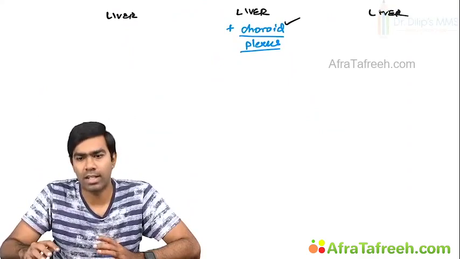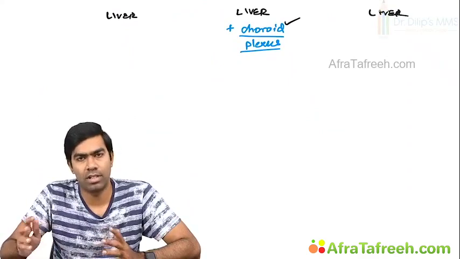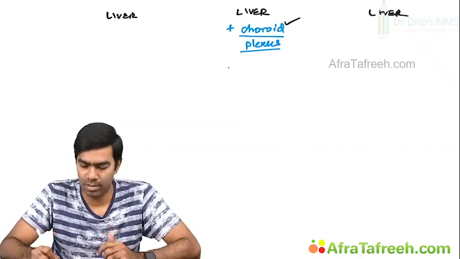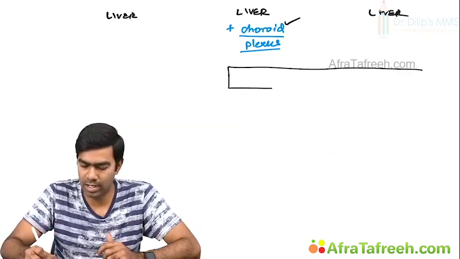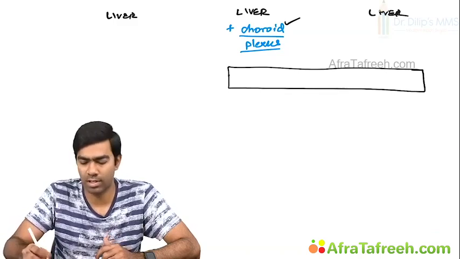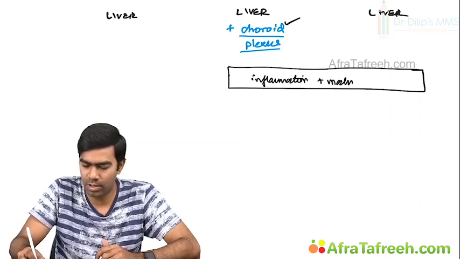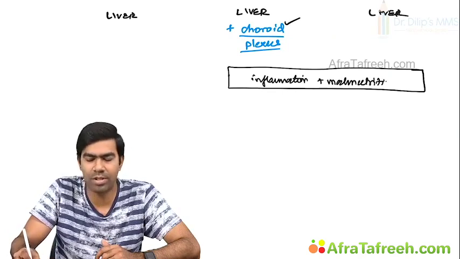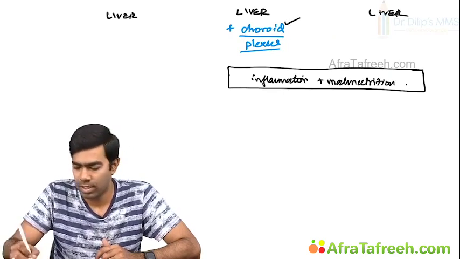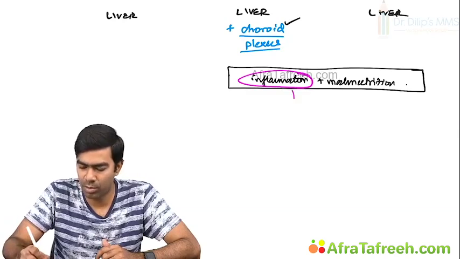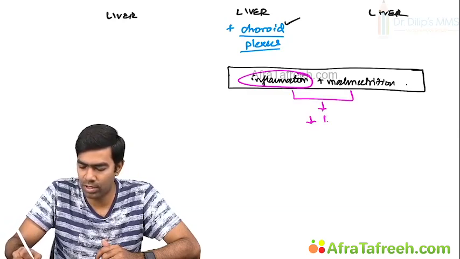And a lot of conditions can alter the TTR and albumin levels. But the two most important conditions that alter TTR and albumin are inflammation and nutrition. For example, malnutrition. Remember, TTR and albumin are more of nutritional markers. That's why inflammation and malnutrition both are going to reduce the levels of TTR and albumin.